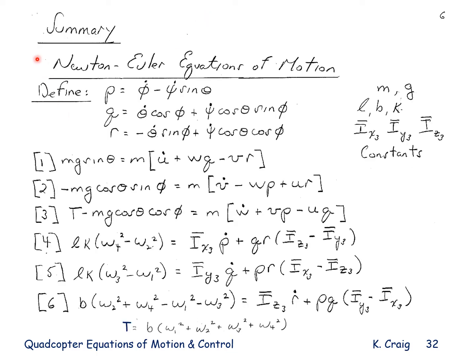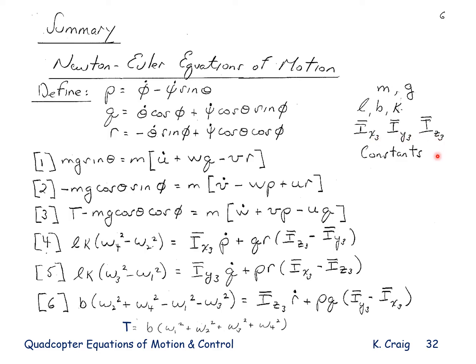Let's summarize. The Newton-Euler equations of motion are given by the following. I define P, Q, and R by these expressions. My constants are the mass, m, g, the length, L, the factors B and K, and the mass moments of inertia about the CG in the body fixed reference frame, x3, y3, z3.